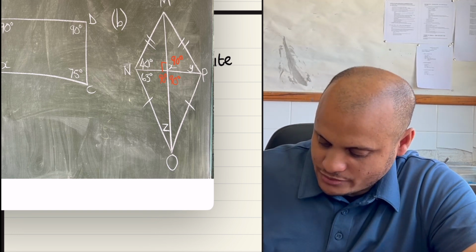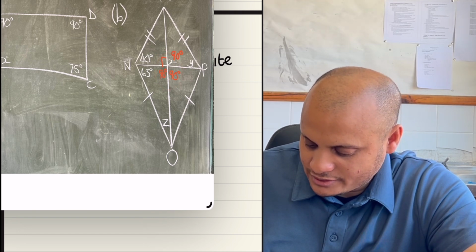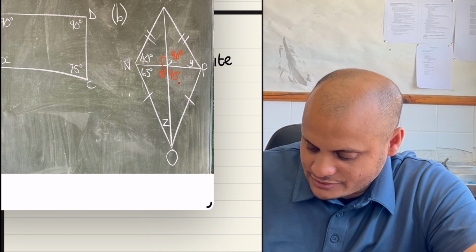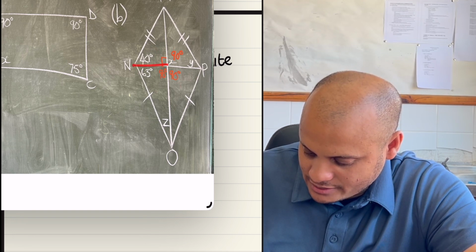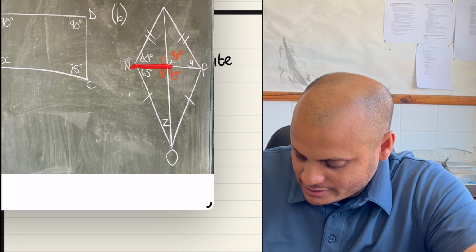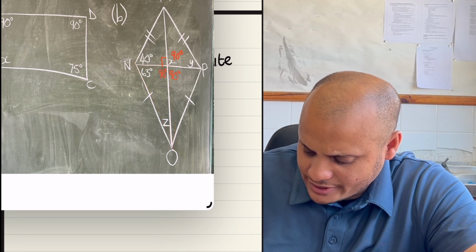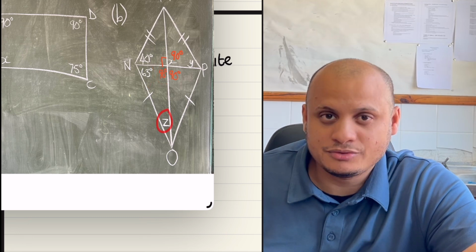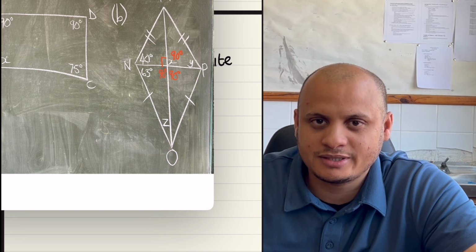Okay, so once you figured out this middle part, then it means you've got the values for angles inside these four little triangles here, because for this one over here, you already have two angles. You've got 63 degrees and 90. So to get Z, you of course would use the interior angles of a triangle that sum up to 180 degrees.